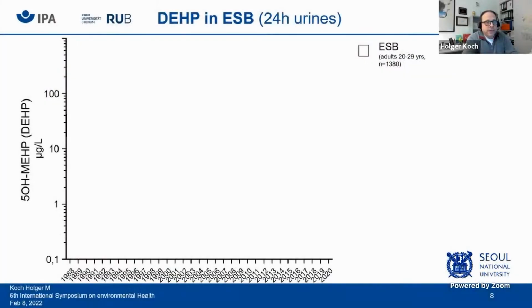This is now a slide on biomonitoring data in the environmental specimen bank. I show you the data on DEHP, measuring the hydroxylated metabolite, and you can see the years we have been sampling in the environmental specimen bank.